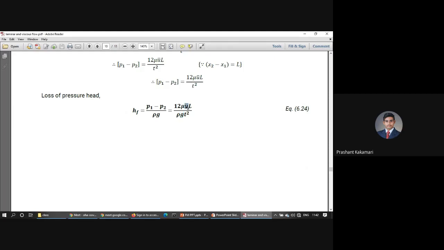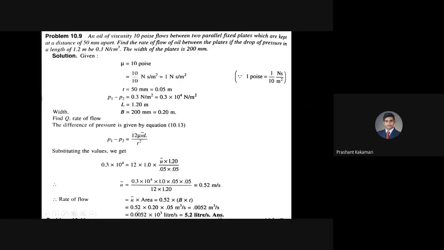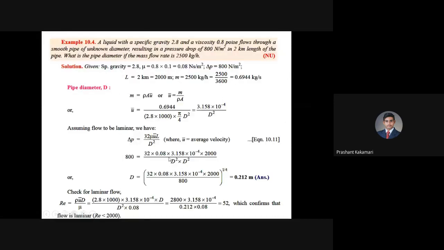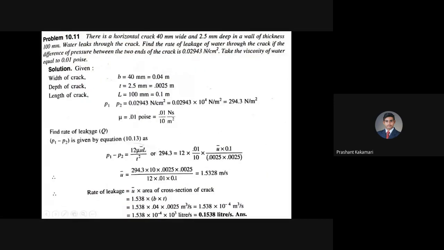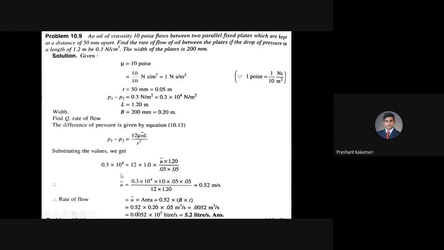So this also you can find out by this relation. That is coming around U bar as 0.52 meter per second, the average velocity of the flow.